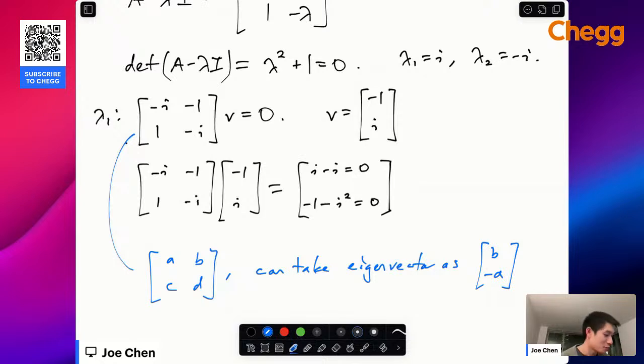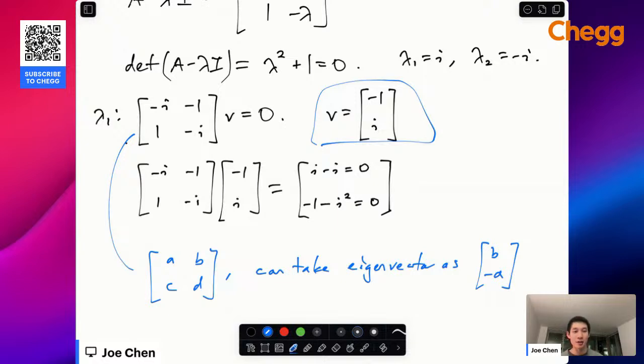So, I've got 1 minute left. This will give you the eigenvector for lambda 1, and then you can get the eigenvector for lambda 2 similarly. And also note that this trick really only works for 2x2 matrices.